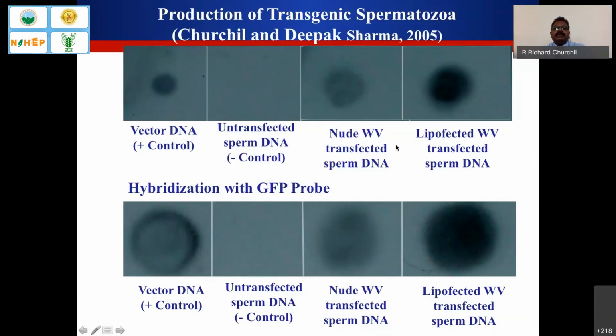So we use the term transformation in DNA cloning in E. coli cells, that is prokaryotic cells. When we do it in eukaryotic cells like sperm cells, it is called transfection. So, right, this is the DNA of nude DNA transfected sperms, and here you can see the little dark dots, which means it is from the lipofected treatment, lipofection.